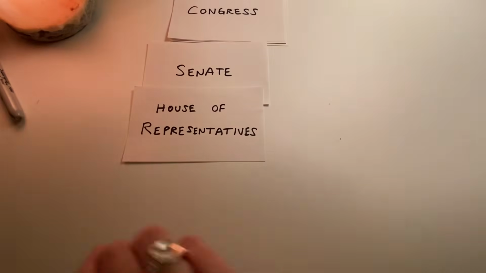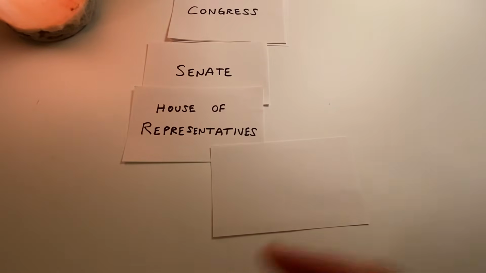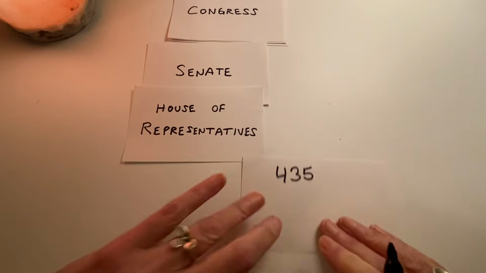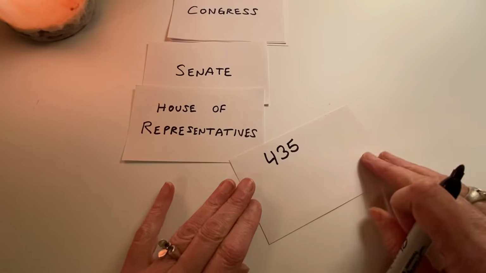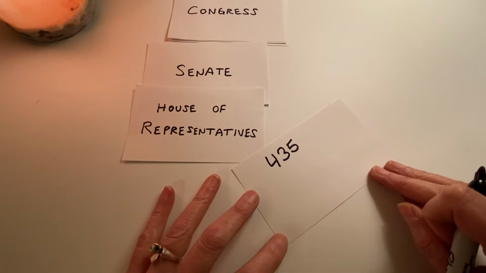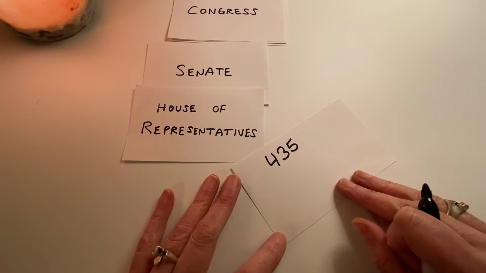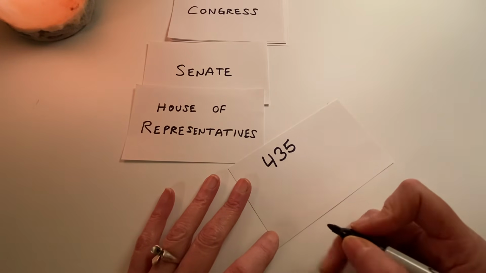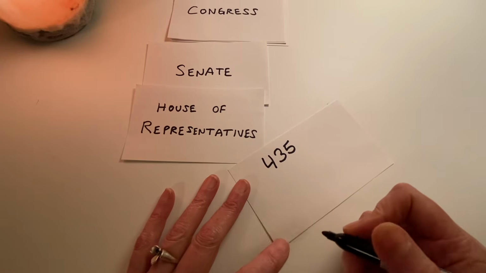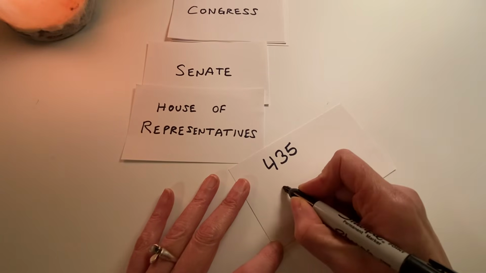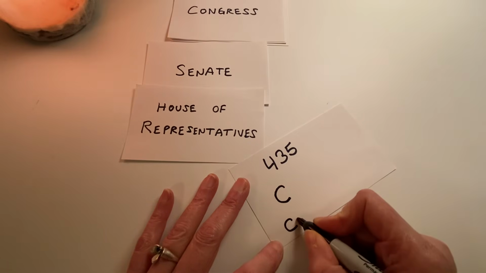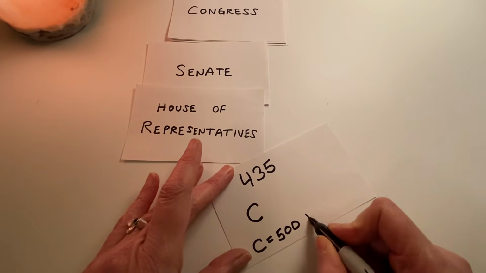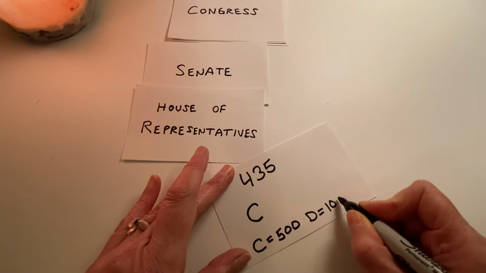So I thought it might be fun, since we've learned that there are 435 representatives, to use something that we learned maybe 10 videos ago, believe it or not, the Roman numerals. So 435, I was trying to remember in that video, did we go up to 500? I think we did. So 500 is D, and C equals 100.